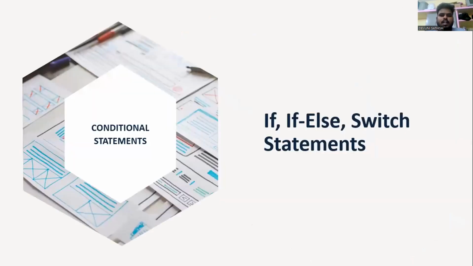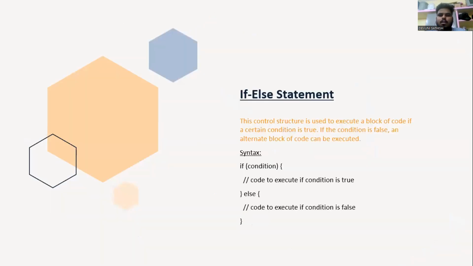Coming to the conditional statements, if else and switch statements are the conditional statements. The if else statement is a control structure used to execute a block of code if a certain condition is true. If the condition is false, it executes the alternate block of code.